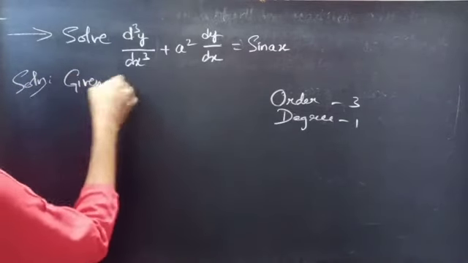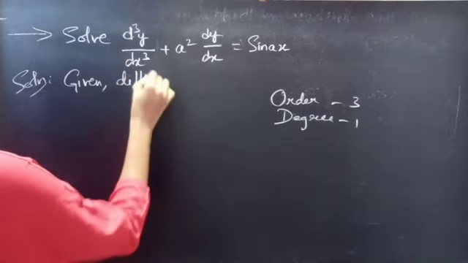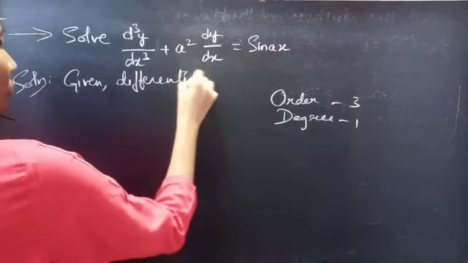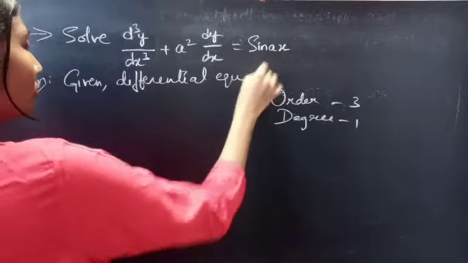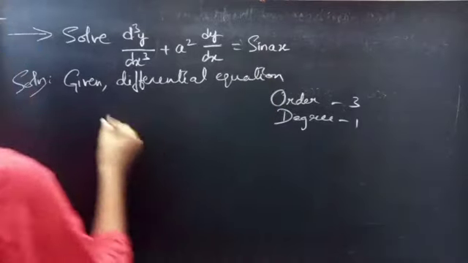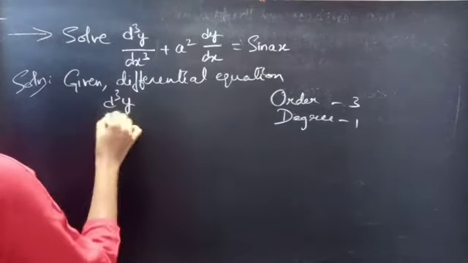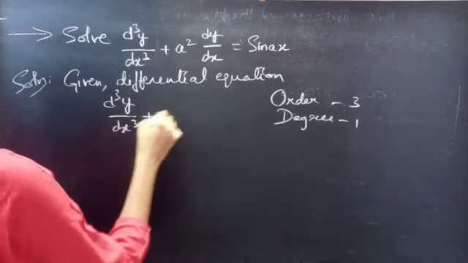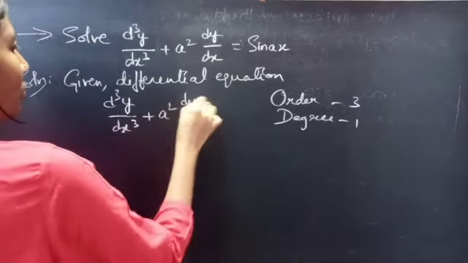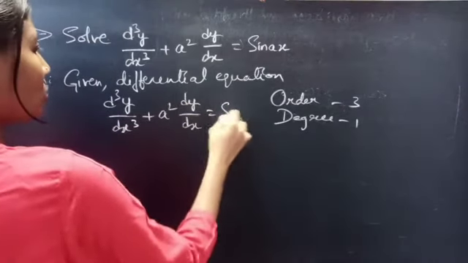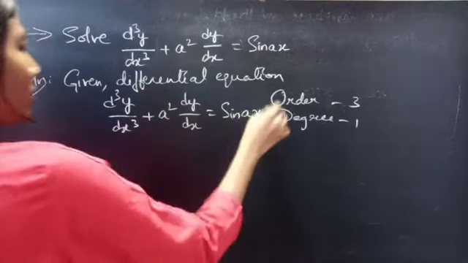Given differential equation, d cube y by dx cube plus a square dy by dx equals to sine ax.